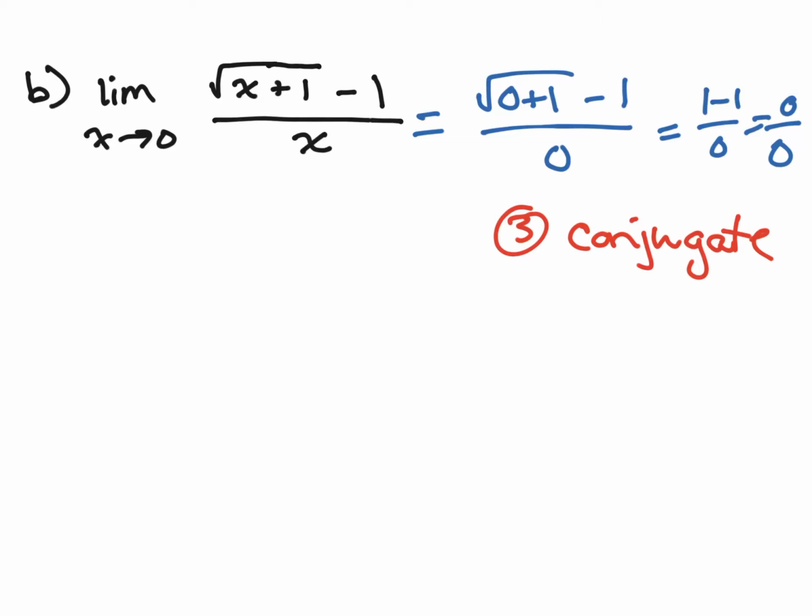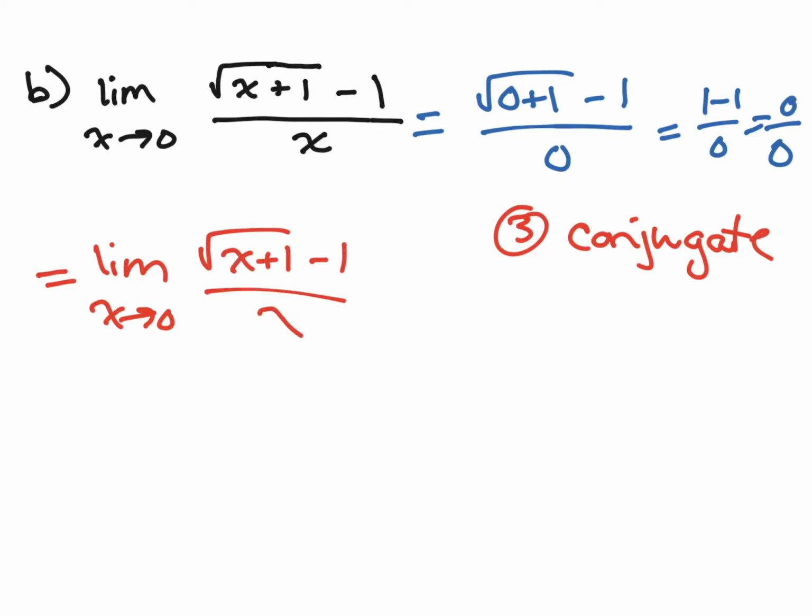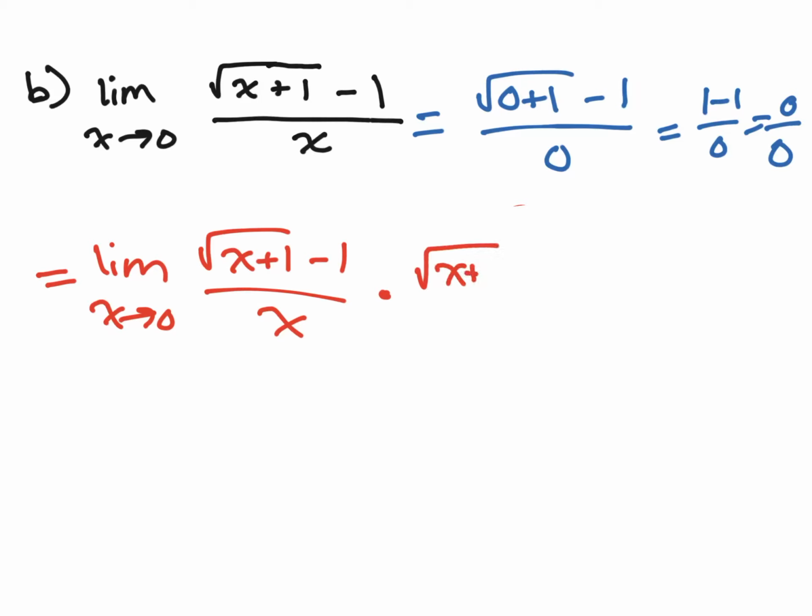Okay, so the conjugate of a term with a radical in it is the same idea. We change the sign in between the parts of it, right? So if you think in imaginary numbers, if we had a plus bi, the conjugate was a minus bi.